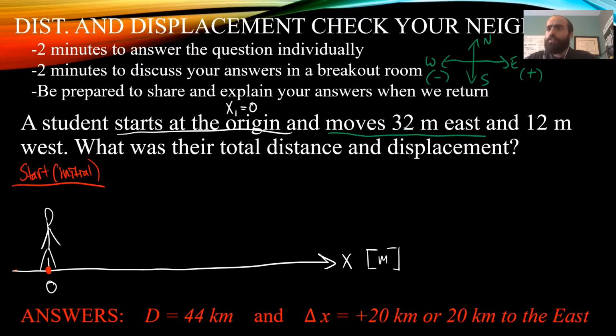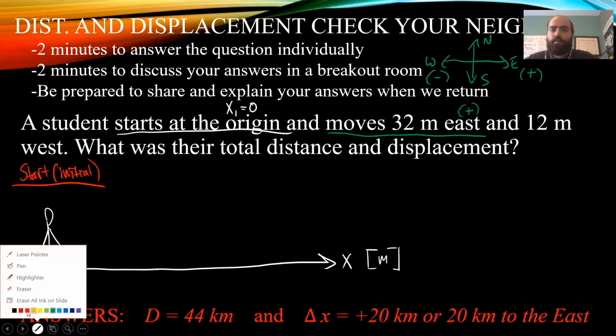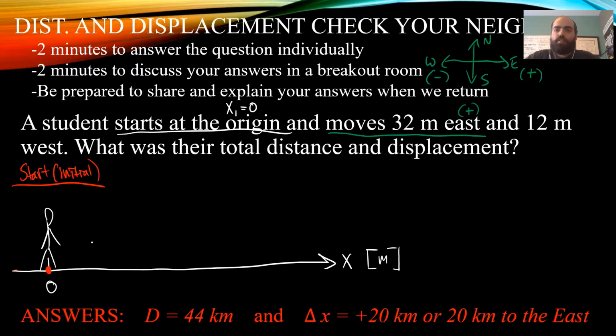So if we move 32 meters east, then east means positive, and 32 meters is how far. So I move 32 meters to the east, or to the right, and that means that if I start at 0, I'm going to end up at 32 meters to the right of that position.